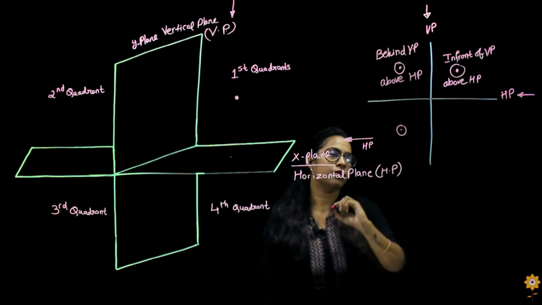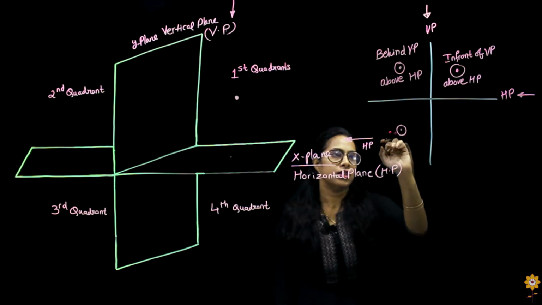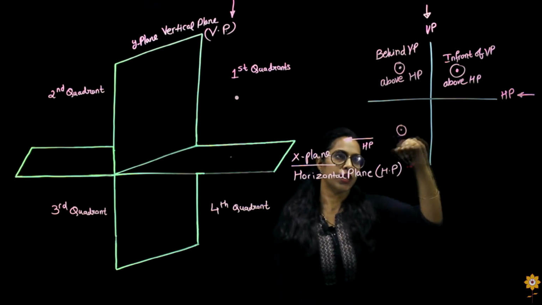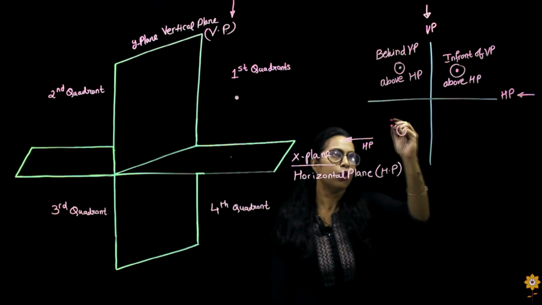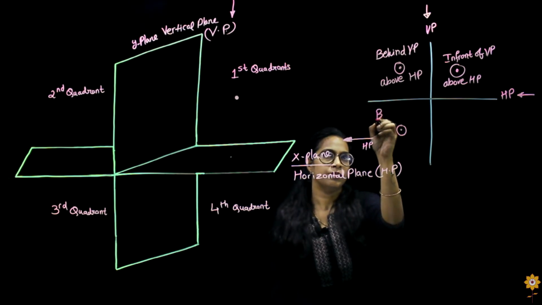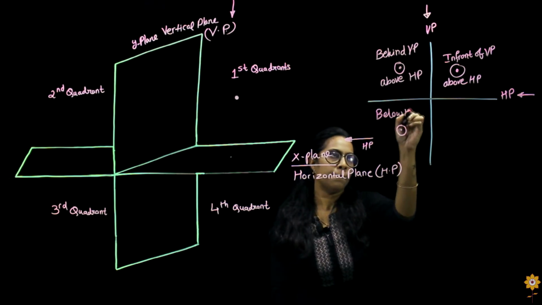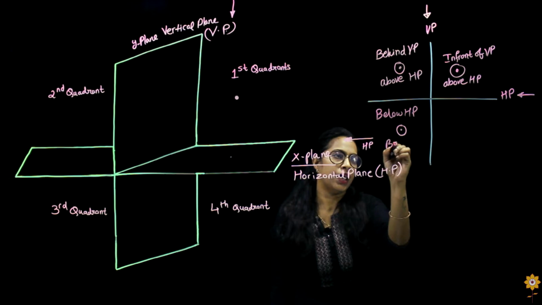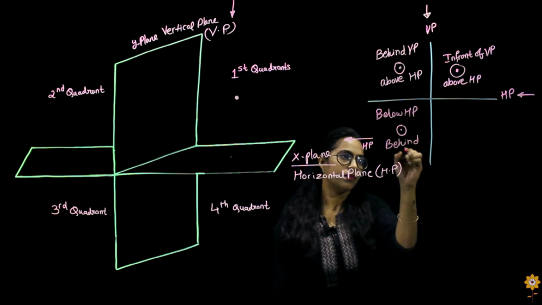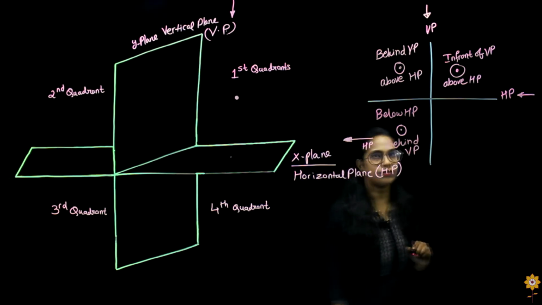Here I have a point that is in the third quadrant now. How would I explain this? This would be below HP and behind VP.